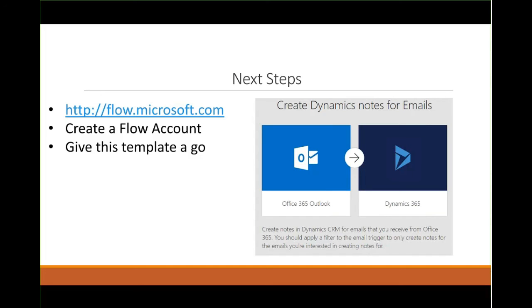There is no CRM API hook into the on-premise connector. So if you're a CRM on-premise organization today, you're going to be very limited in what you can do with Microsoft Flow, unfortunately.